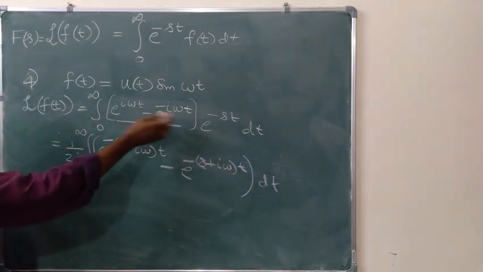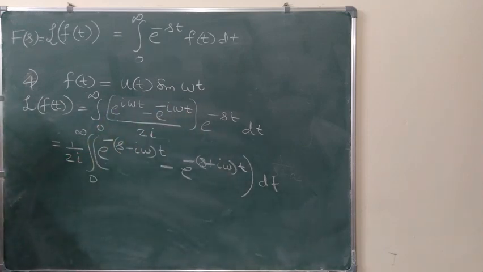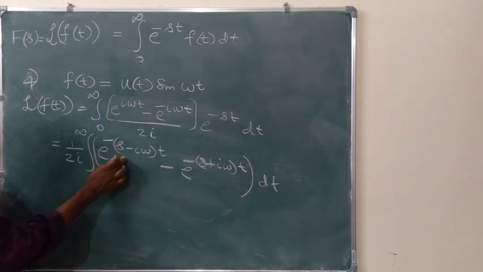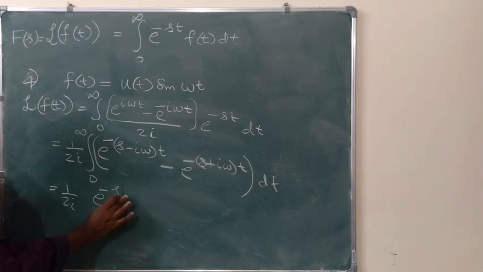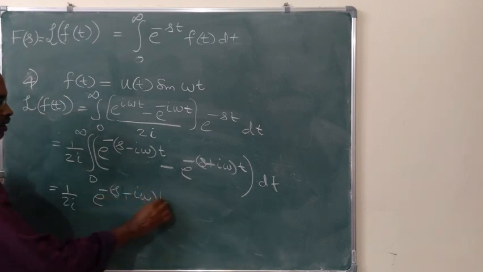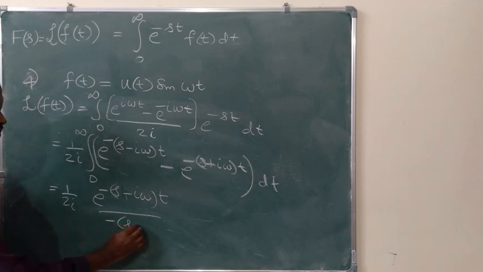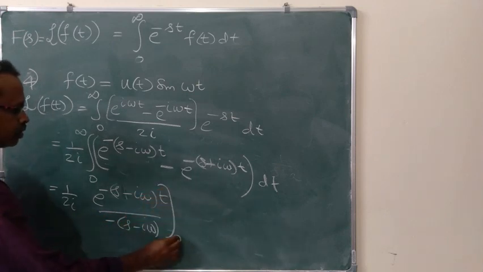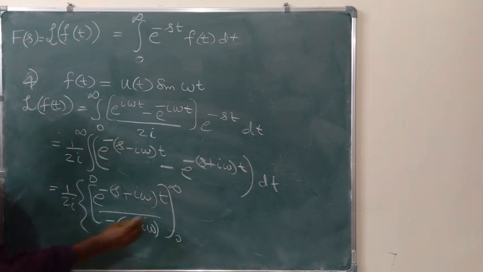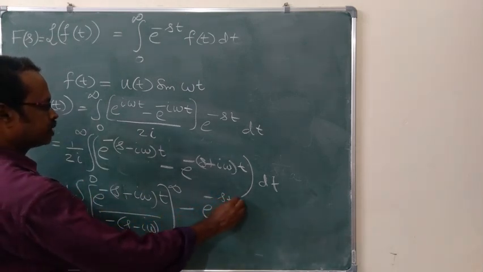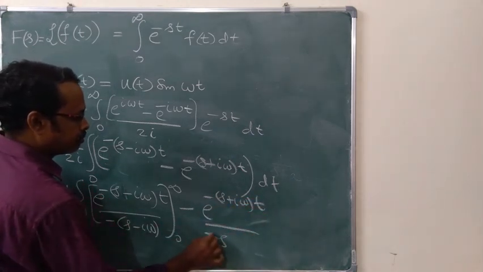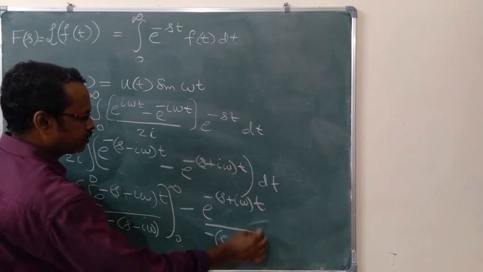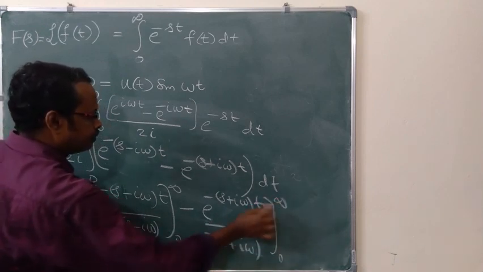So a little bit of adjustment is done here. These two terms we have written like this. Integration gives e raised to minus (s minus i omega)t divided by minus (s minus i omega), 0 to infinity, minus e to the power minus (s plus i omega)t by minus (s plus i omega), 0 to infinity.